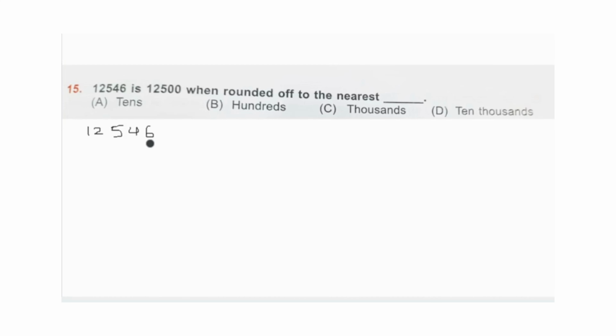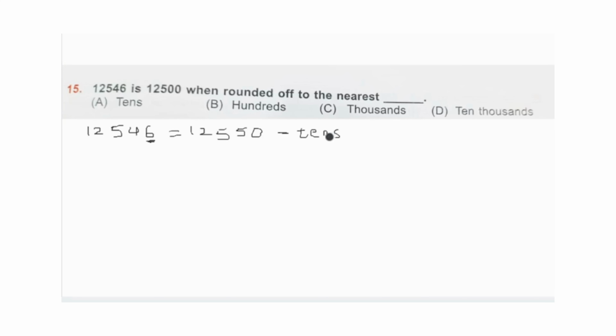When you round off to the nearest tens, since it's 46, the answer is going to be 12,550, because 46 is closer to 50.